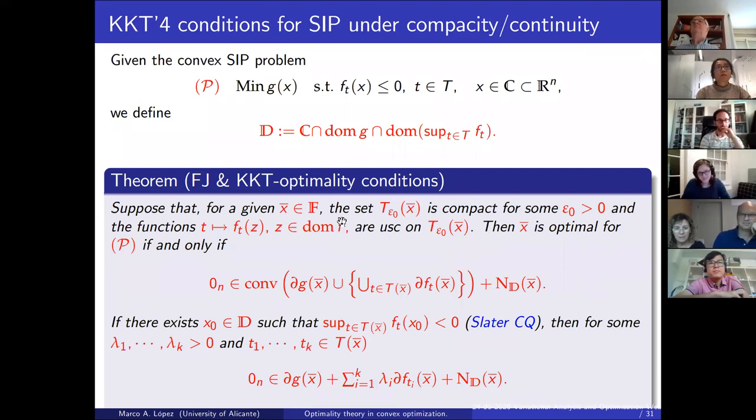So usually the Fritz-John condition is not sufficient for optimality, right? So I don't see what your additional assumption is here, which makes that work. No, okay, this is actually an if and only if, but take into account that I have this term here, the normal cone.